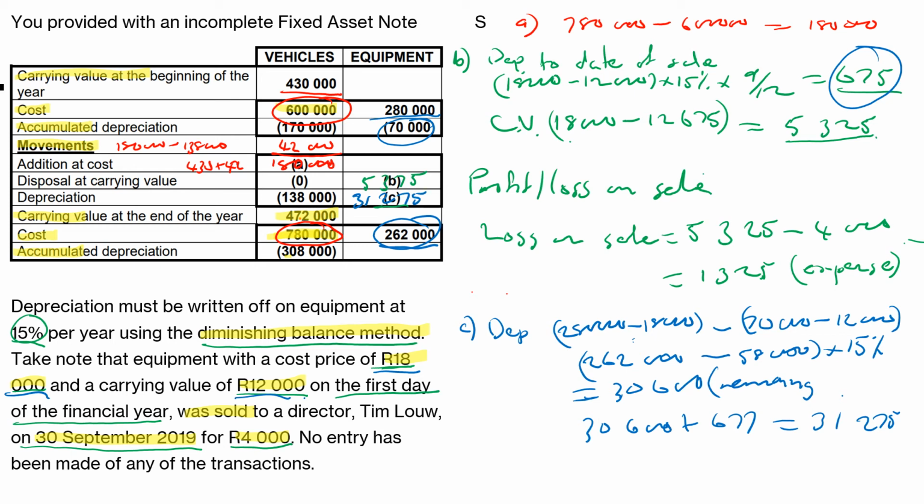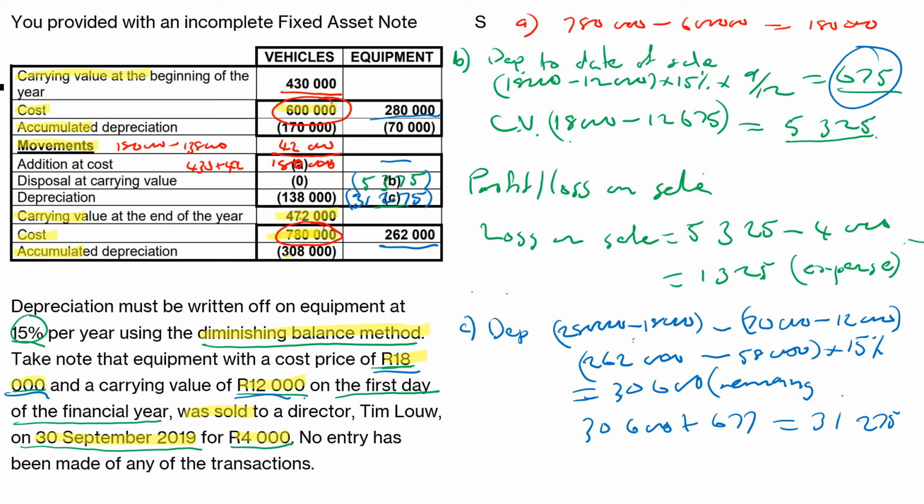That's your C. Then just to complete this part, your carrying value here, there's nothing here. These are in brackets, these are outflows.